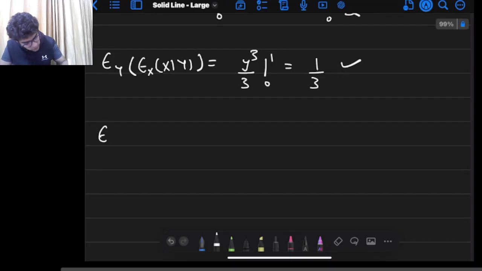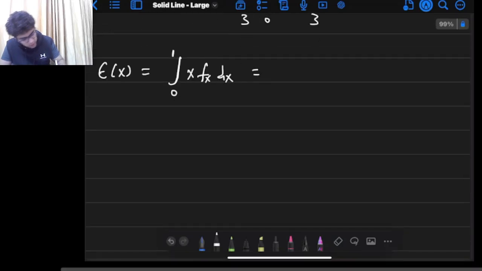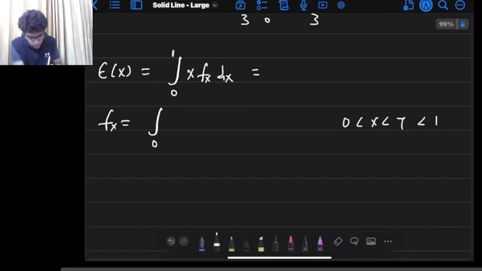Now let's just compute the expected value of x. So the expected value of x will be x f of x dx, and the limits for x are 0 to 1, right? But we haven't computed f of x. So for computing f of x, we need to take the limits of y. So x and y both lie between 0 and 1, and x is always less than y, right?